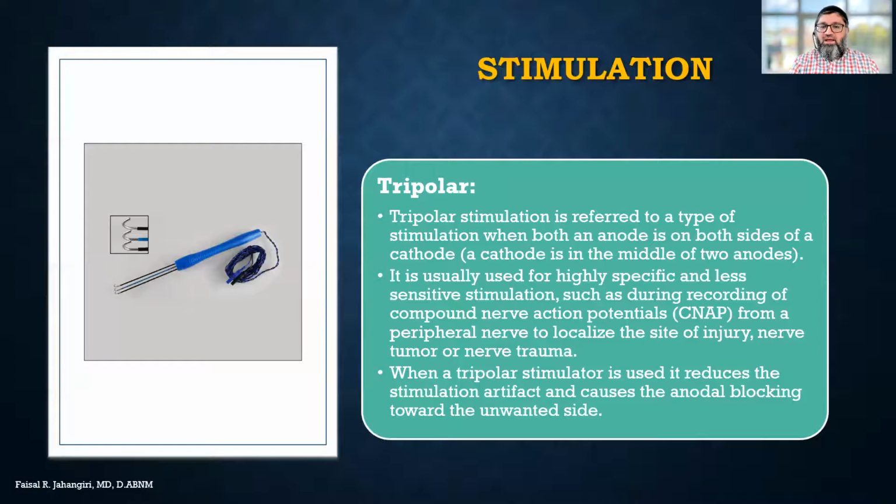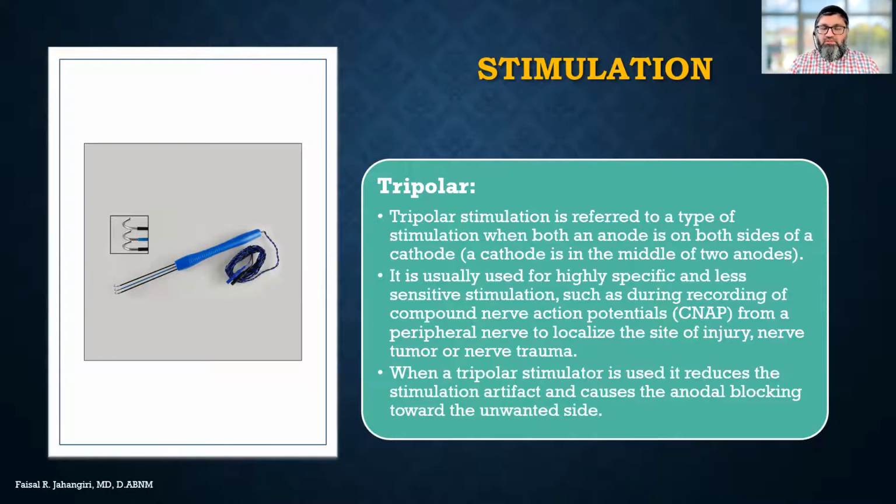It is used for high specificity and less sensitivity stimulation, mostly for recording compound nerve action potential, or CNAP, from a peripheral nerve to localize the site of injury, nerve lesion, or nerve trauma. So when we are doing peripheral nerve surgeries or nerve action potentials, we use tripolar stimulation and bipolar recording.